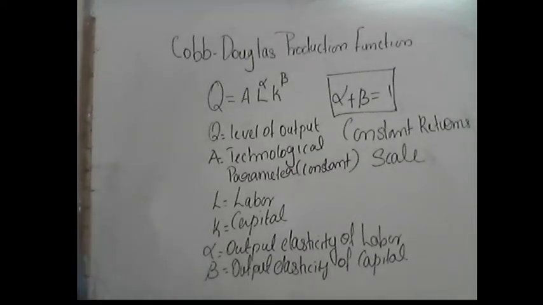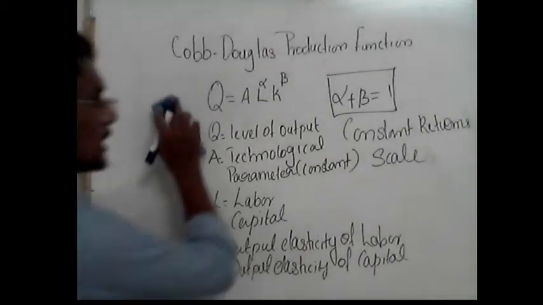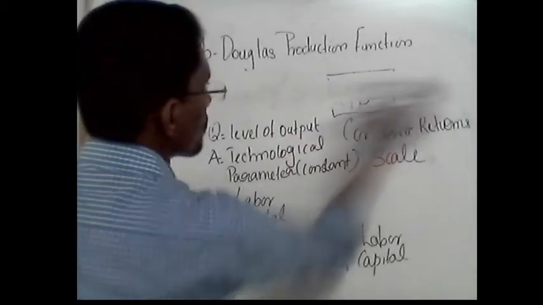We can move towards the properties of the Cobb-Douglas production function, especially the mathematical properties. For the purpose of explaining them, we can use a tool like the differentiation process, in order to show the mathematical properties of this Cobb-Douglas production function.